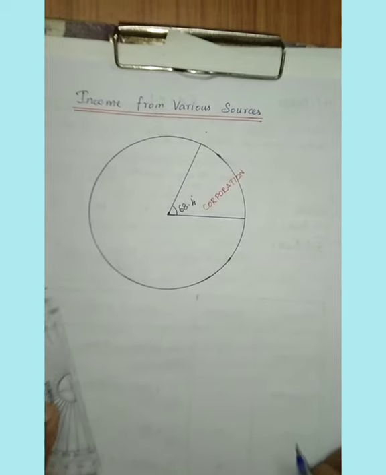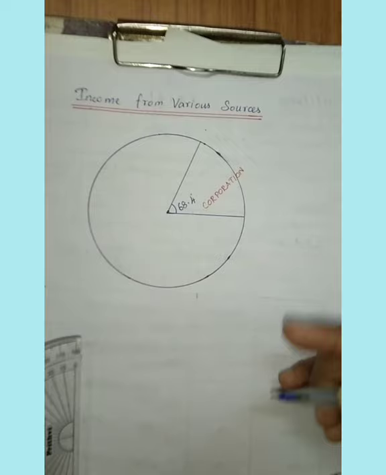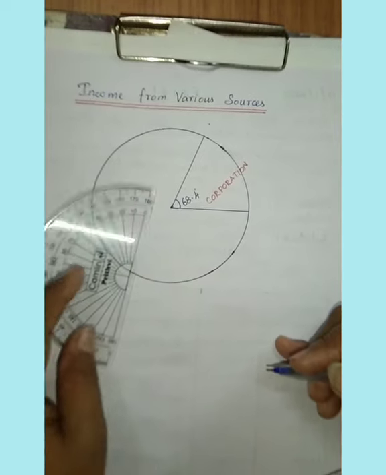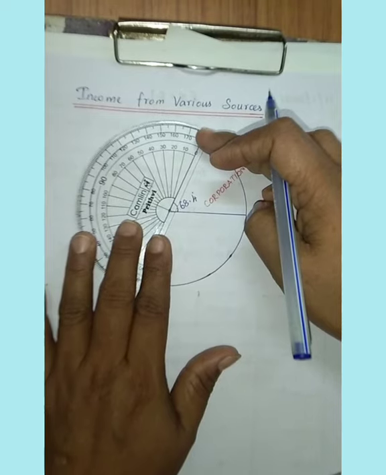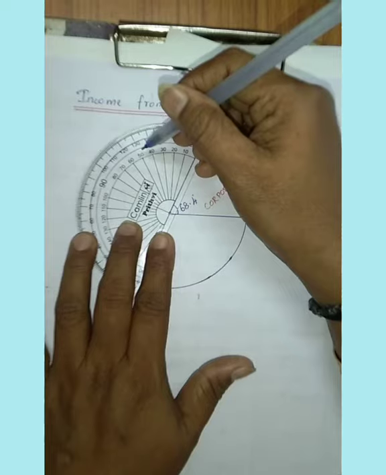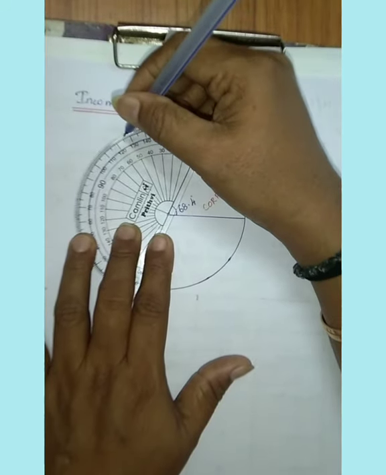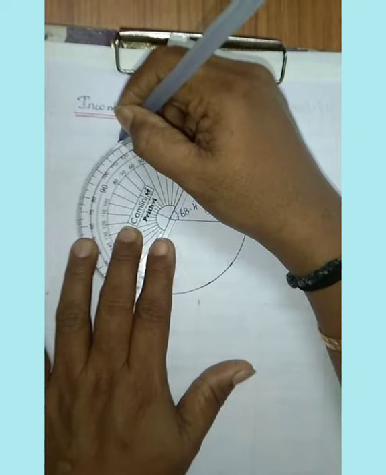Then second angle is 57.6. So 57.6, it is more than 5. So we can take 58 degree. This is 10, 20, 30, 40, 50, 55, 56, 57 and 58.